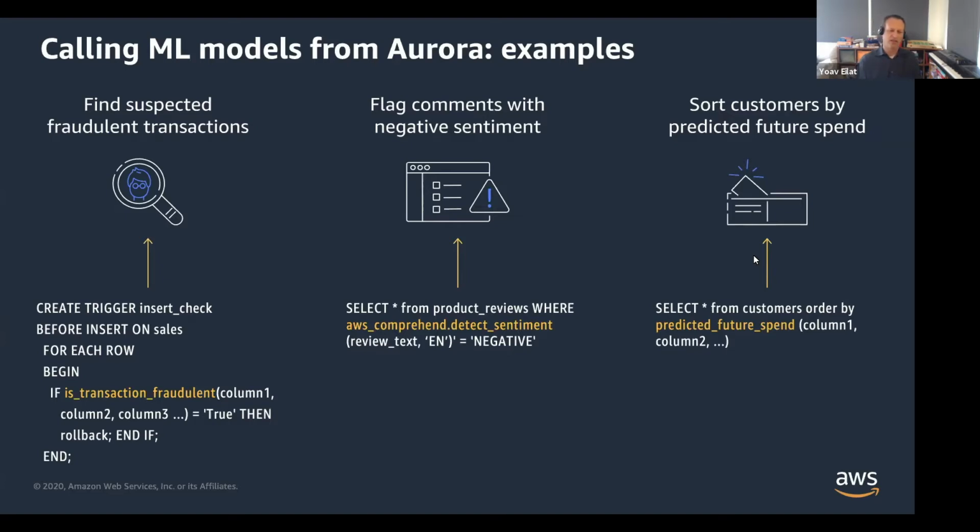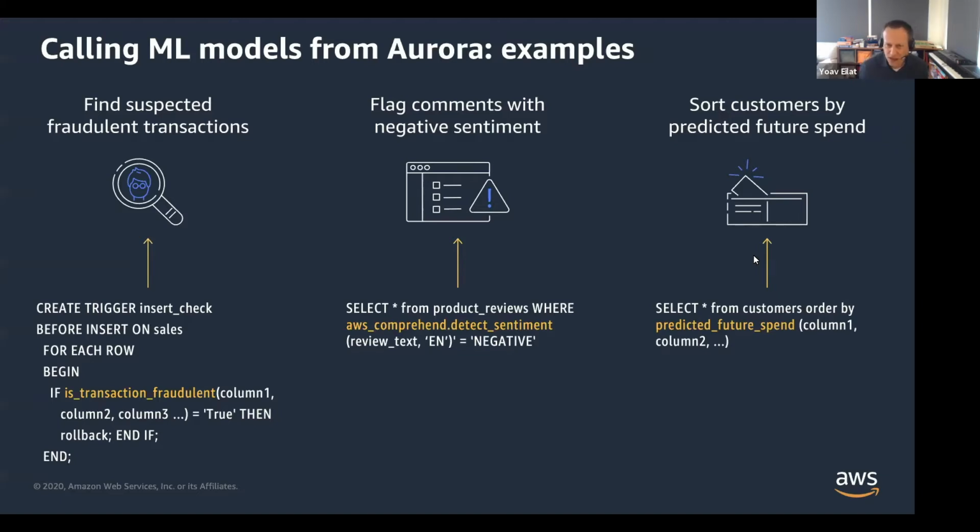If it says positive or negative, you can go and take action. For example, in a customer service scenario, you would run sentiment analysis on the comments, reviews, or customer service requests that people are making. And if somebody makes a negative statement, maybe you want to follow up and do something about that.